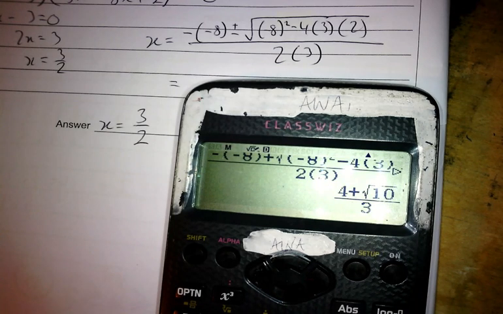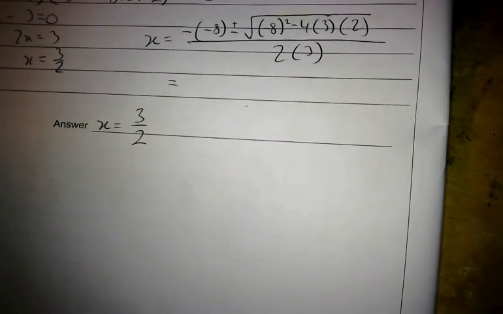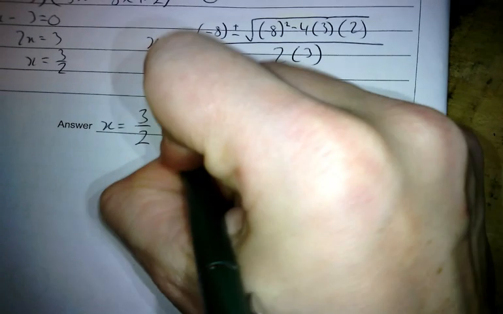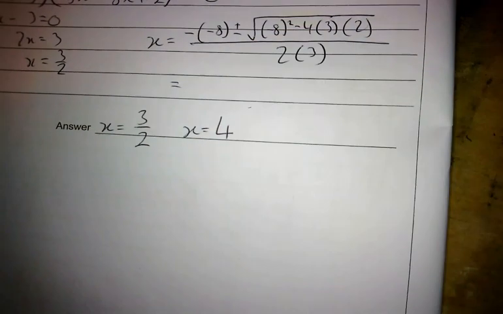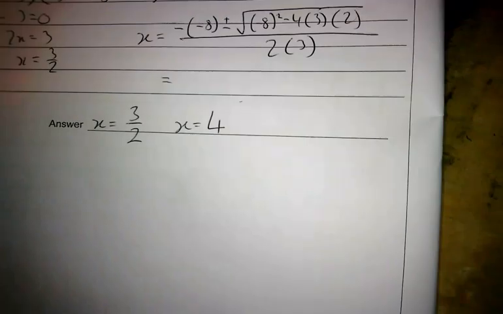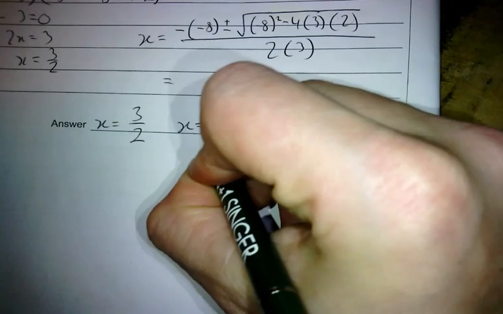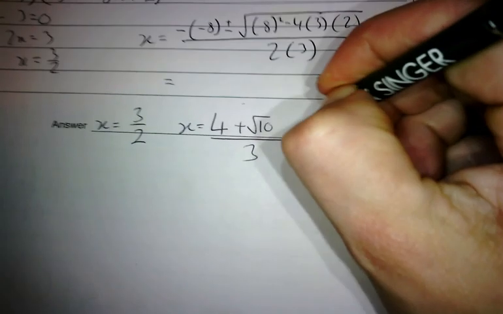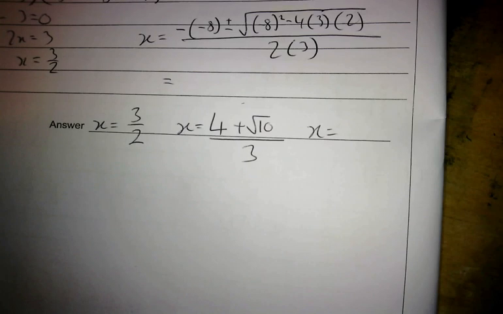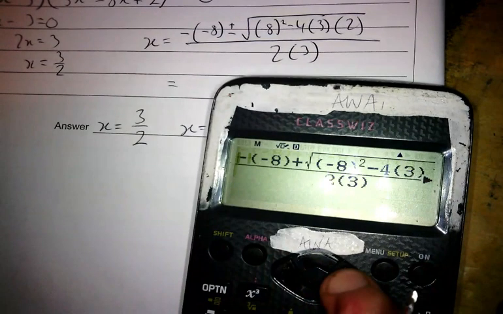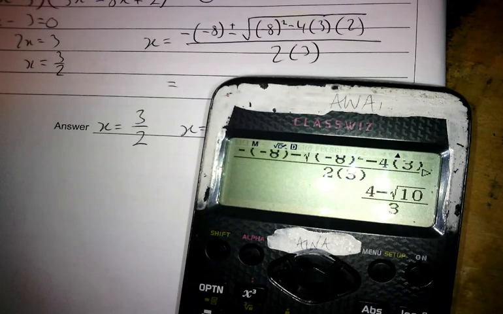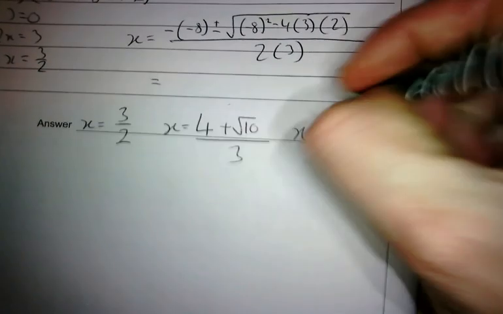Okay, 4 plus root 10 over 3, leave that exact. 4 plus root 10 all over 3, and probably minus for the other solution. Let's just double check. Yep, 4 minus root 10 all over 3.